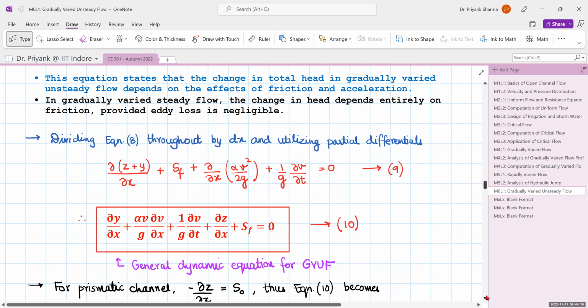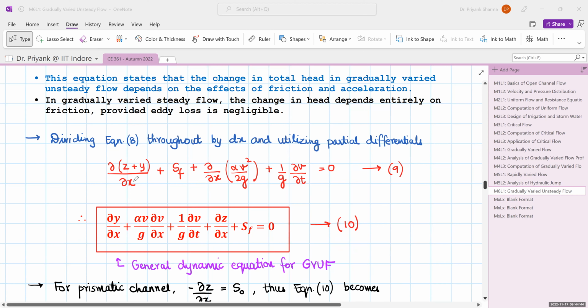Now, in steady, gradually varied flow, the change in head depends only on friction, and eddy losses are negligible. In continuation of the previous context, we divide the entire equation 8 by dx, and then we have partial differentials. So we have del by del x of z plus y plus Sf plus del by del x of alpha v square by 2g plus 1 by g into del v by del t.